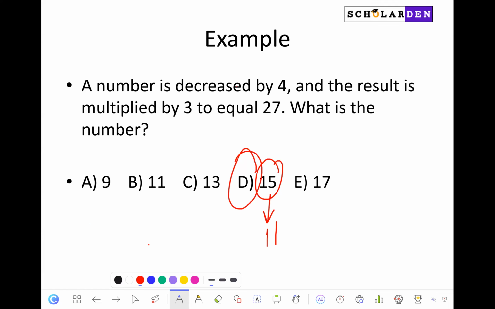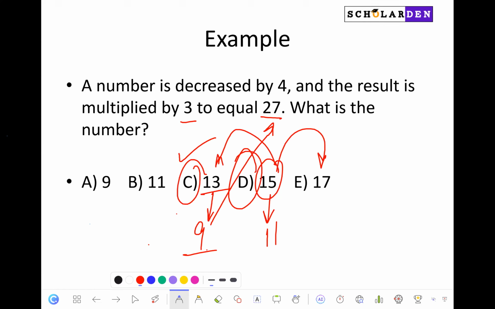So this means it's not equal to 27, which means that if we jump over here, this is going to take the number even farther. So let's take a step backwards, and then we have this 13. This is the value of the number itself. If we reduce 13 by 4, we get 9. And its product with 3 gives us this value, which is 27. So this is correct.